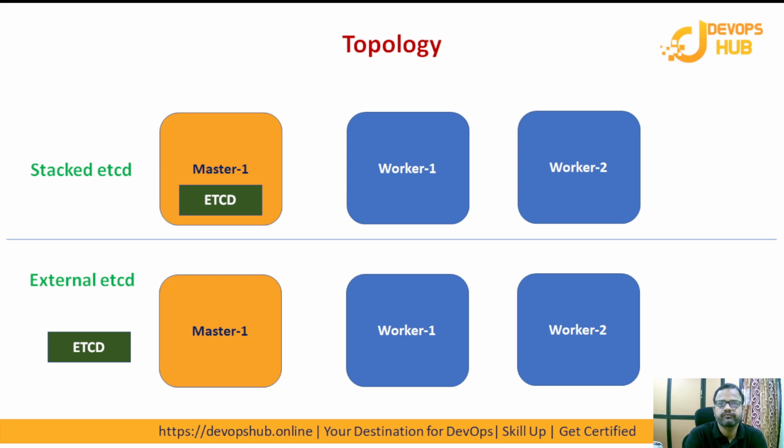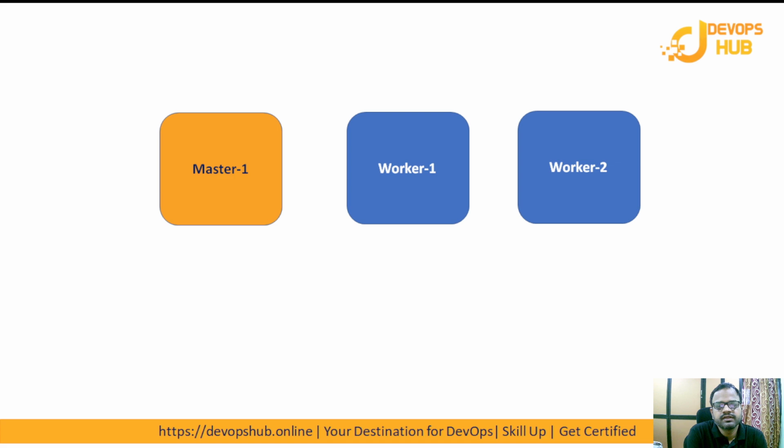Coming back to the picture, this is the general 3-node cluster we have dealt with till now. If you have not seen our previous videos, we have already made a video on how to set up a production ready Kubernetes cluster using the kubeadm tool, where we discussed in detail each and every step using the official Kubernetes documentation.